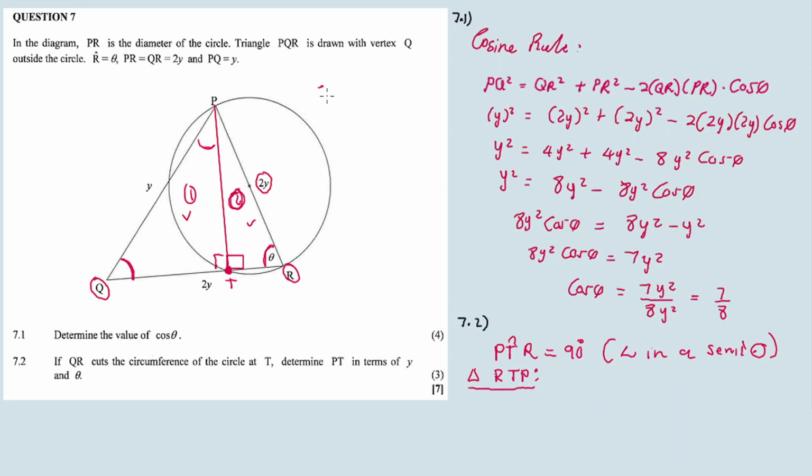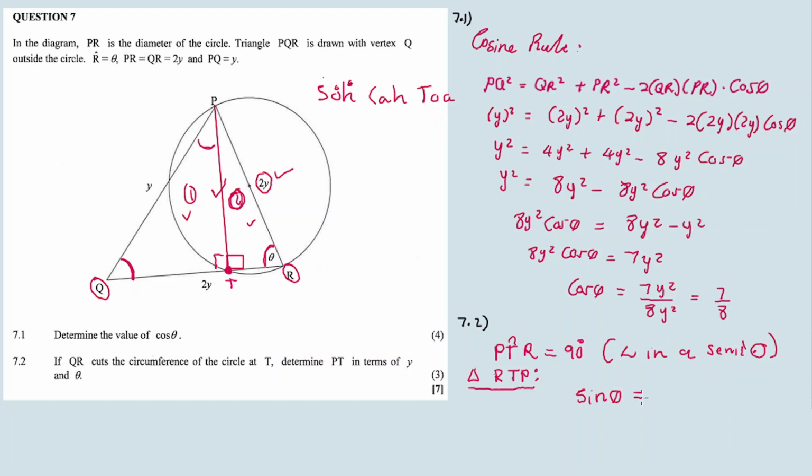So according to SOHCAHTOA, we want a trigonometric ratio that has the hypotenuse as well as the opposite side. I'm given the hypotenuse, I'm looking for the opposite side. Hypotenuse, opposite side, so we use sine.